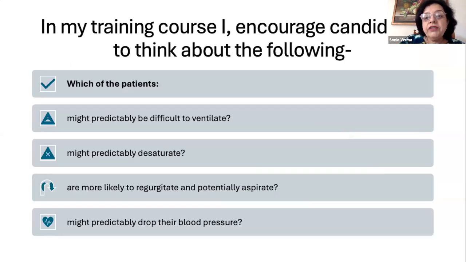In my training to the nurses, I talk about the following things that they should think about. Which patients may be difficult to ventilate, may predictably desaturate, such as a high BMI, are more likely to regurgitate or aspirate, again like a high BMI, or drop their blood pressure, like the elderly.